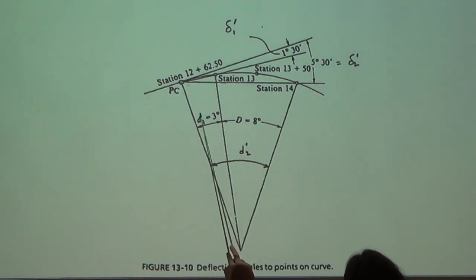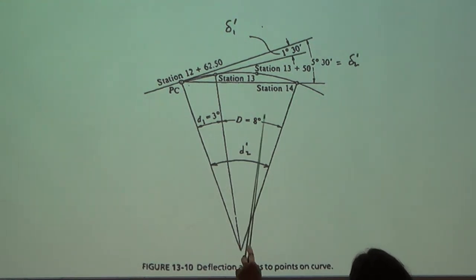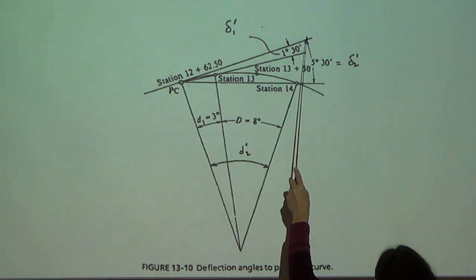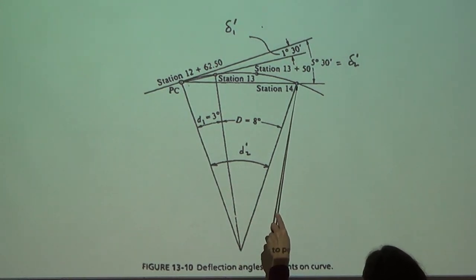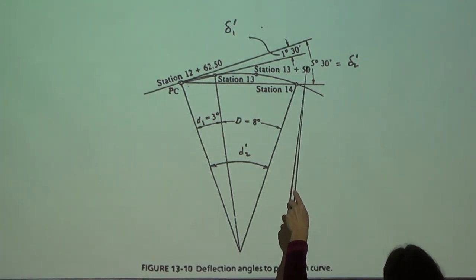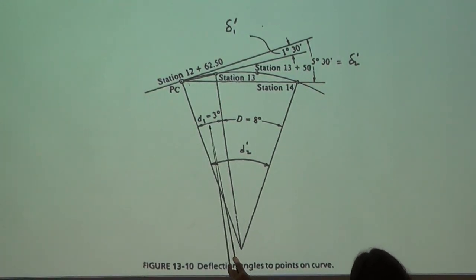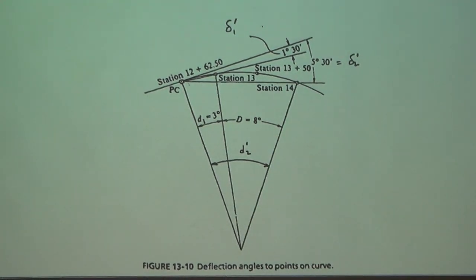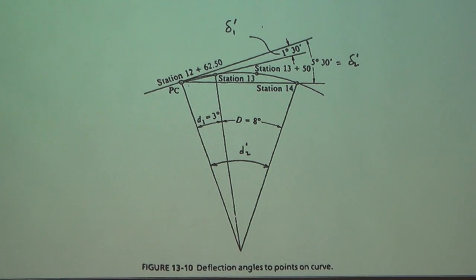What's this total included angle here? 11, right? So when I sight the PI, and now I'm sighting this next station of 14, this angle right here is going to be half of that whole thing, which would be 5 degrees, 30 minutes. So let's go back.